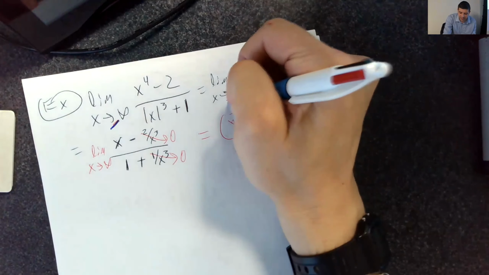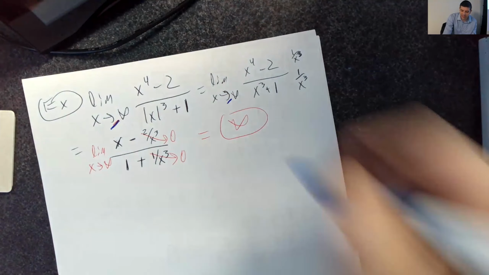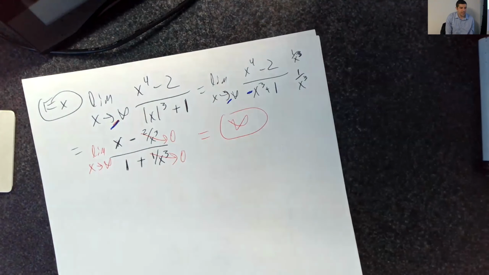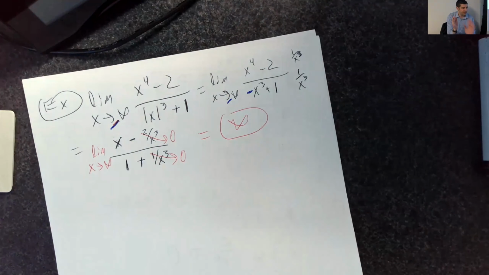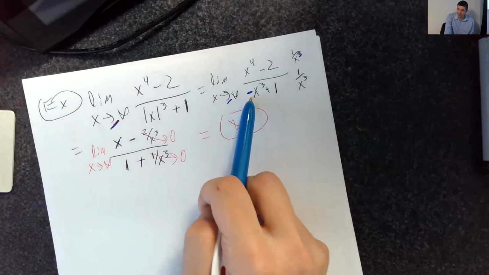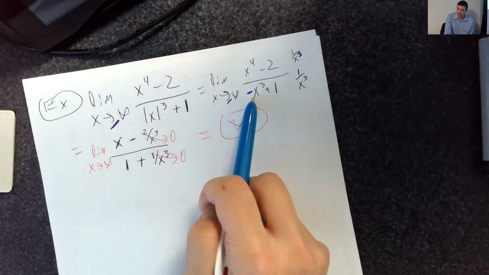So if it was negative infinity, you have to figure out a way to get rid of the absolute values by figuring out whether what's inside is positive or negative. It can only be one of the two. It won't be 0.